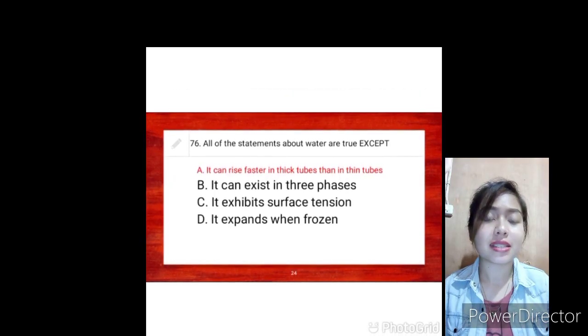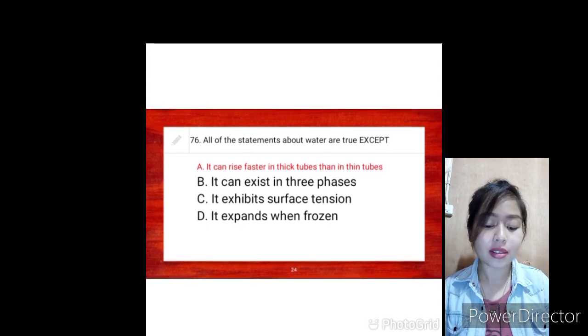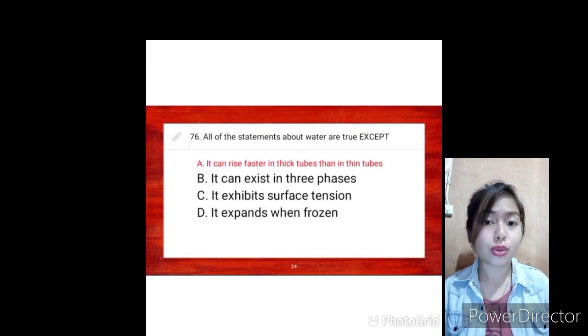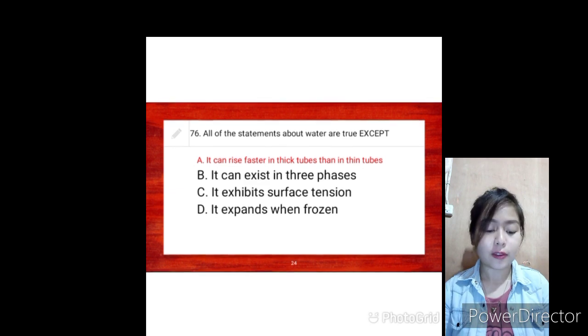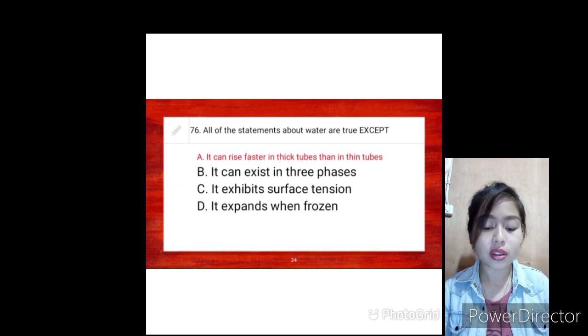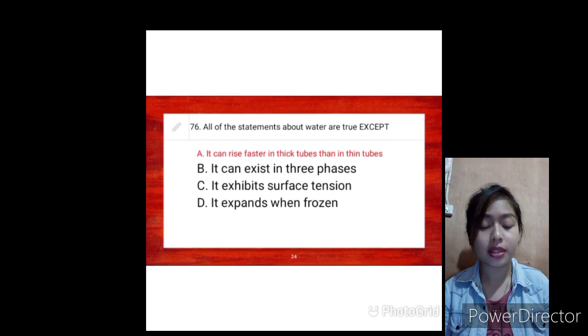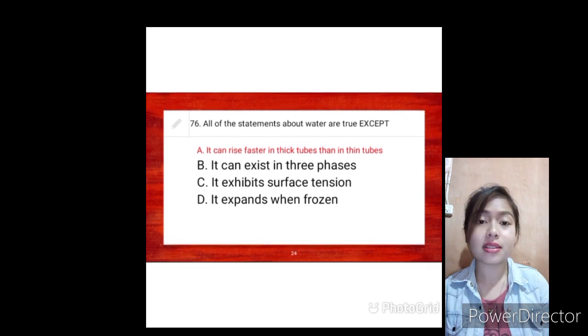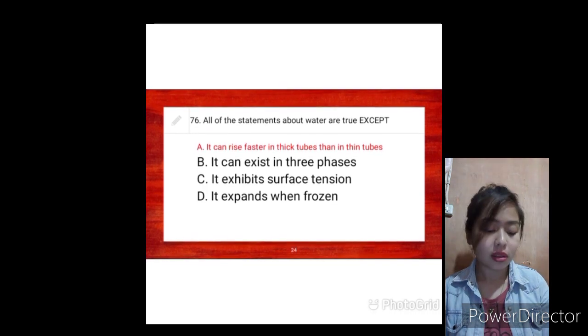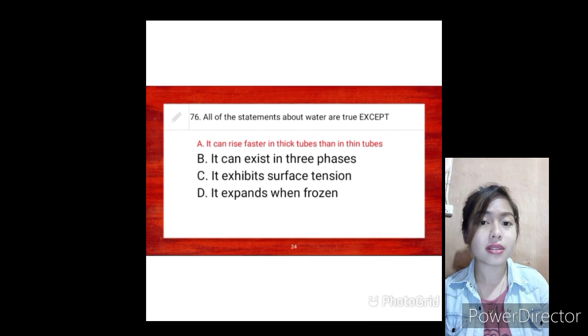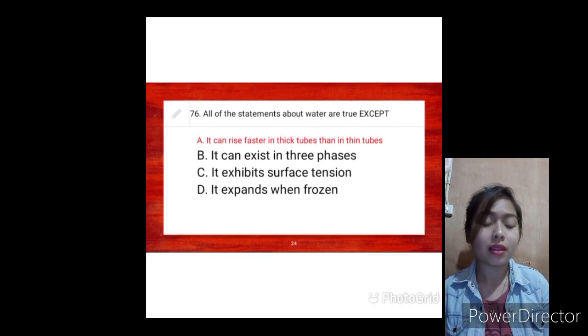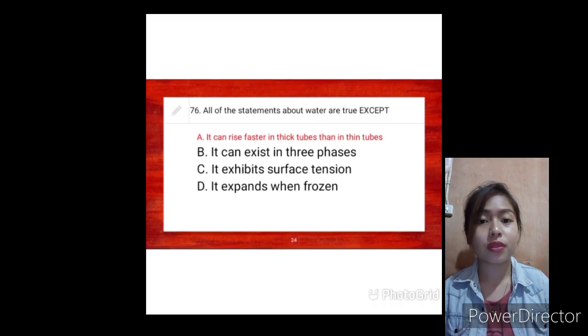Number 76. All the statements about water are true except letter A. It can rise faster in thick tubes than in thin tubes. Letter B. It can exist in three phases. Letter C. It exhibits surface tension. Letter D. It expands when frozen.